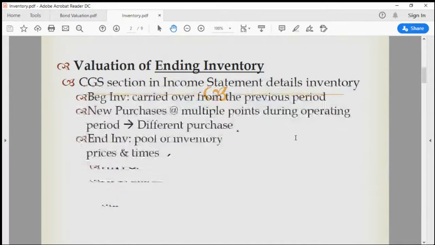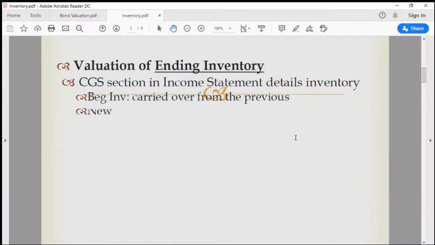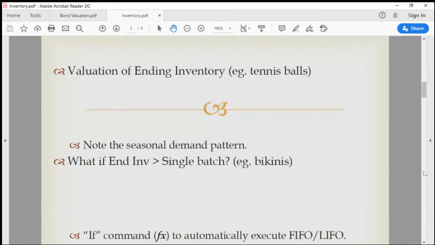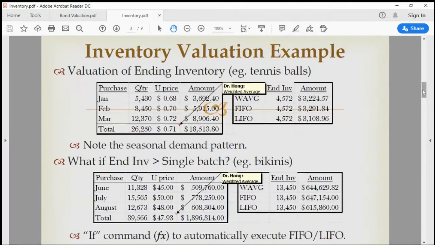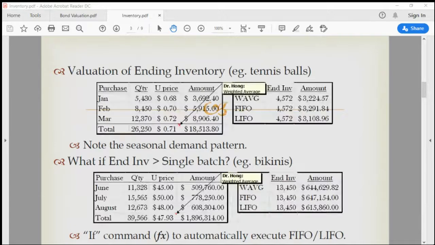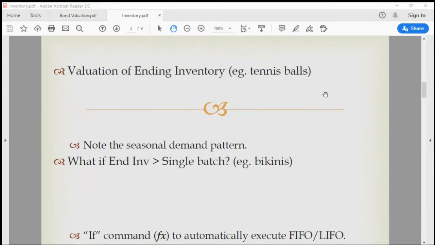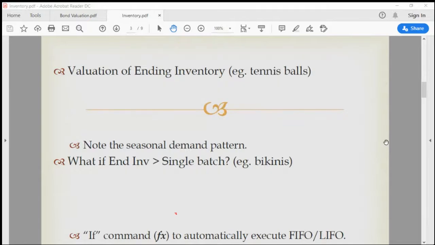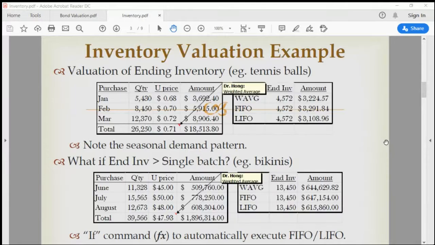So, the next question is, here's an example. Suppose, let's say, it is a tennis ball. We're talking about a tennis ball, and this store is a sporting goods store, and in the sporting goods store you have tennis balls, right?